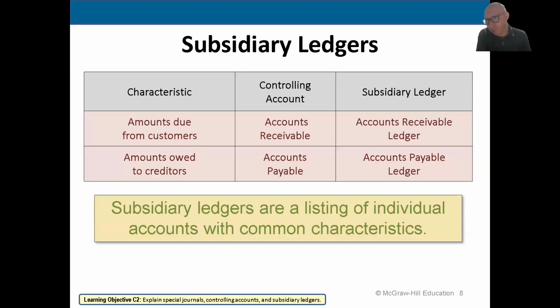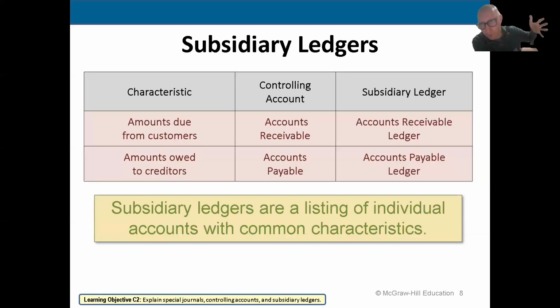Within accounts receivable, I have a lot of different customers. And each customer represents a subsidiary ledger of accounts receivable. So if you think about accounts receivable, you have a lot of different customers, each customer has a dollar amount that they owe you.